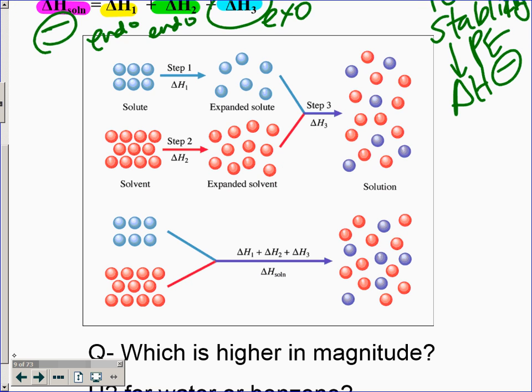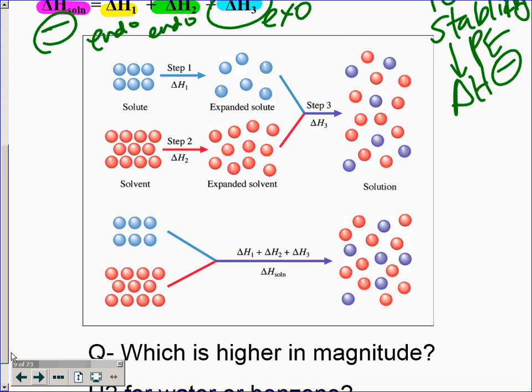And so there are the examples: H1, H2, expanded solutes and solvents making room for interacting, and then they interact. They have put a picture like this on the AP exam before, and you had to explain what was happening or indicate the exothermicity or the endothermicity of each process. Okay? So maybe start that.